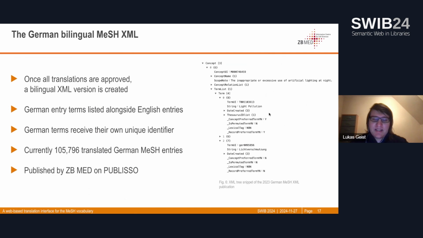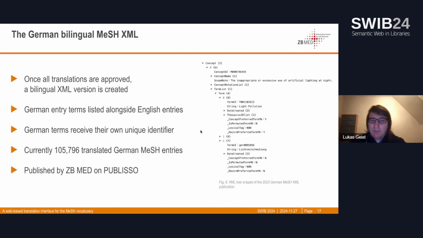So in this case, we also give the German terms their own ID number. Normally they have an ID number of T, but we needed to assign their own ID number since we have an uneven number of German terms, and they are not always associated to the English translations themselves.